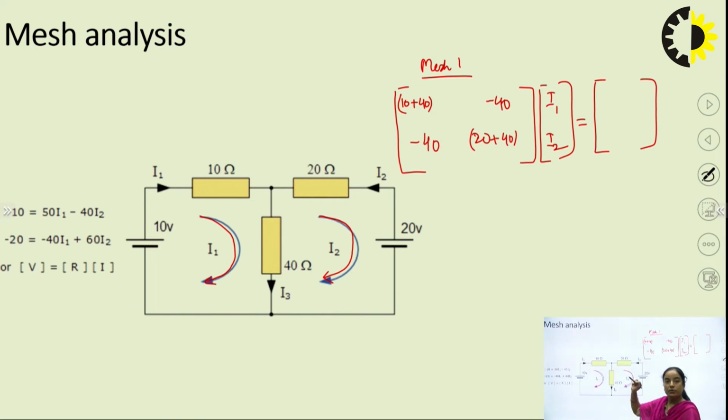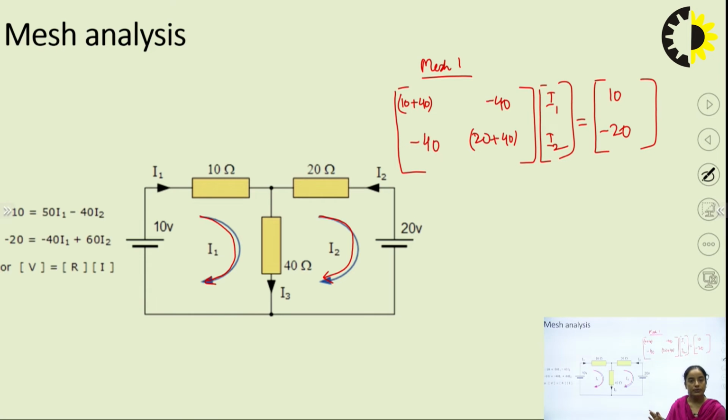So it will be taken as positive. Now see this mesh current, it is starting here and terminating at this 20 volt positive source, so we will write this as negative. So this is the mesh equation for the given network.